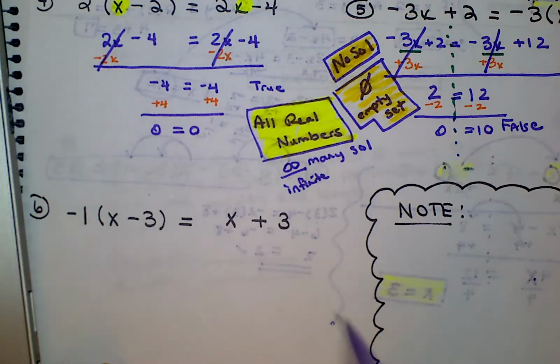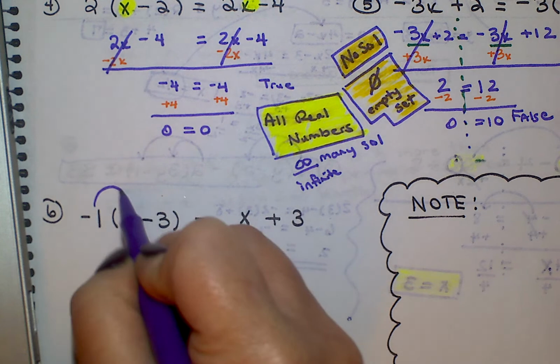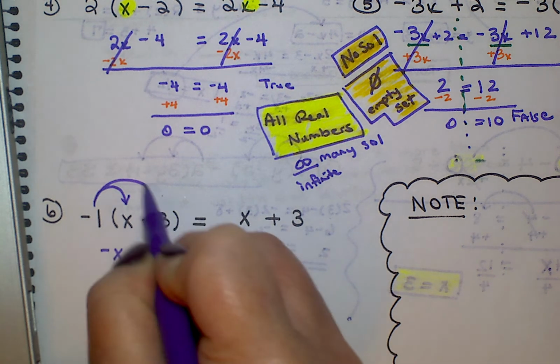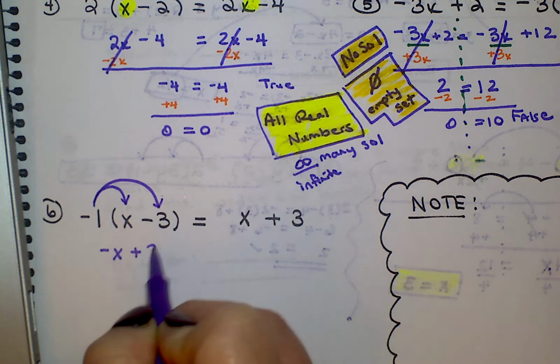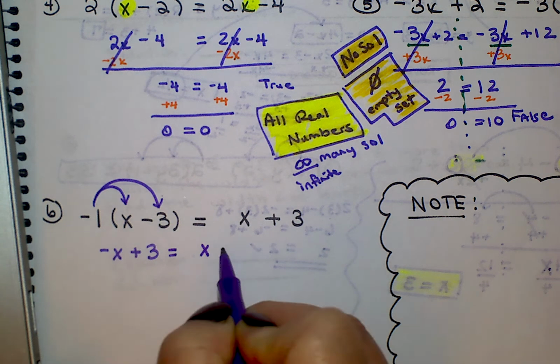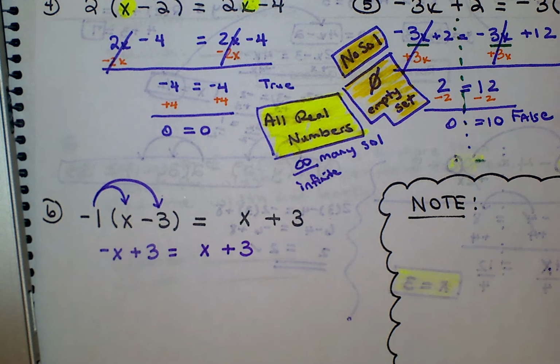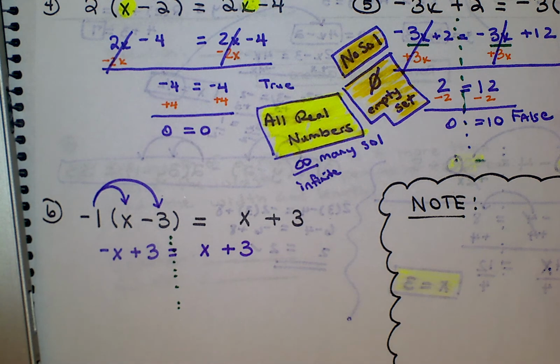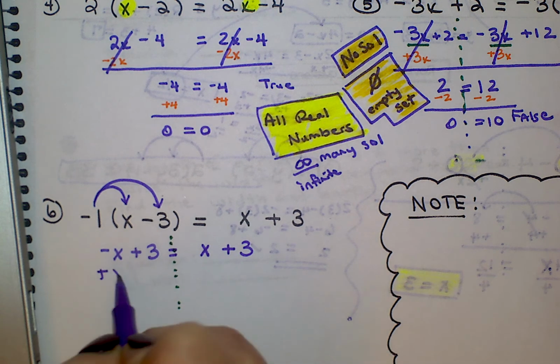Okay, and then number 6, that's a -1, so it's going to change both signs inside when I multiply. Okay, this time I'm going to add the x over here.